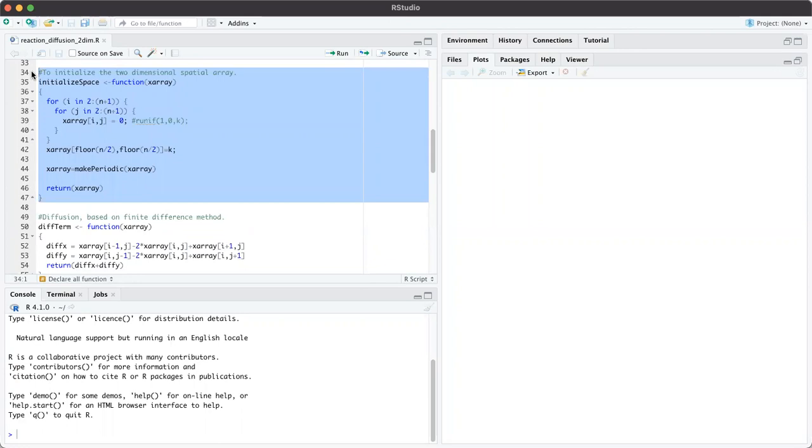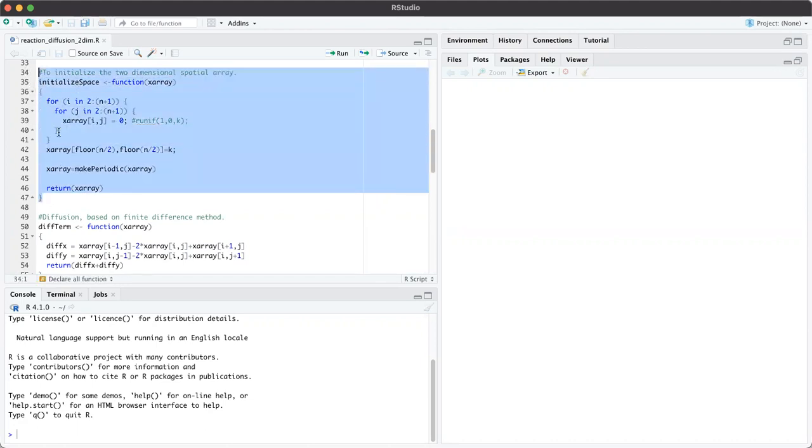That's what this function does. Think of this landscape, it's stored in this array called X array. I goes from 2 to n plus 1, J goes from 2 to n plus 1. That means that the size of the array is n by n. N in X dimension, n in Y dimension.